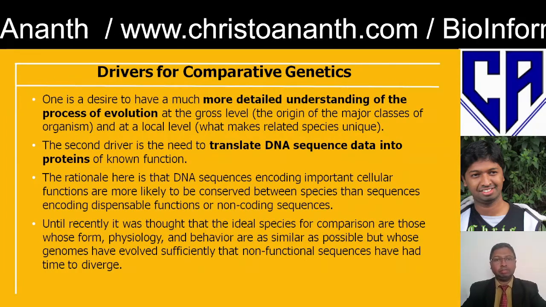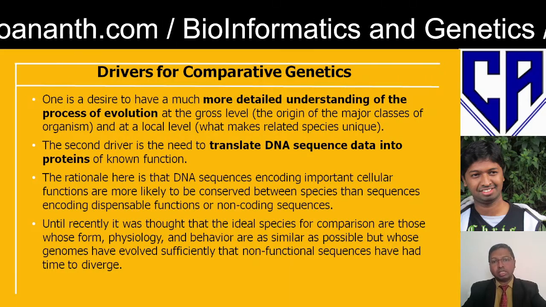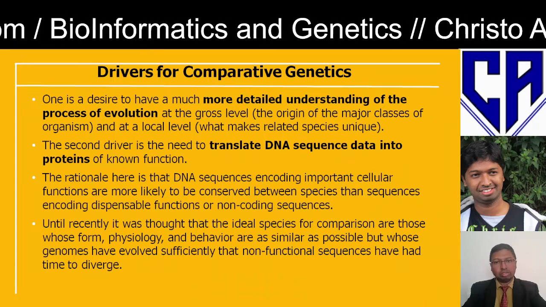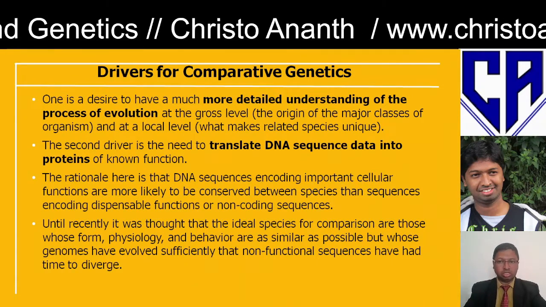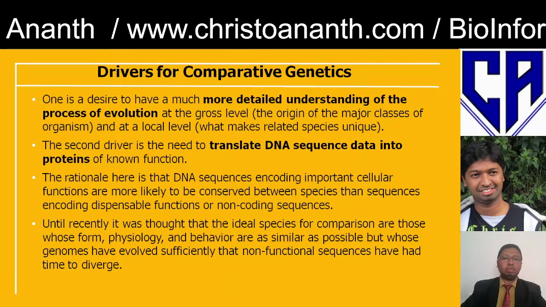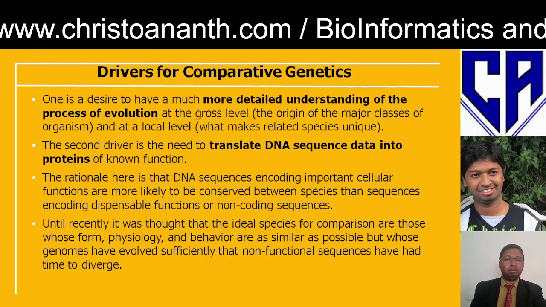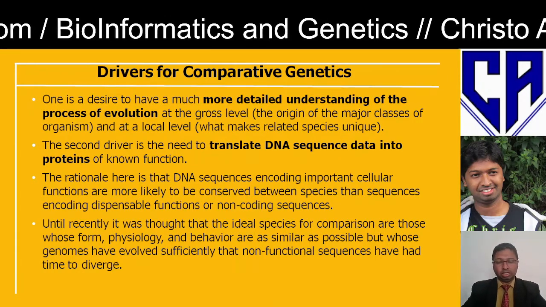DNA sequences should be conserved and protected between species, rather than only the sequence encoding. For non-coding sequences, or coding sequences with dispensable functions, they have to be protected as well.